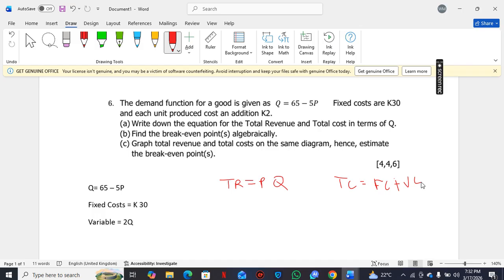For total revenue, we need to get the price, P. Q will just stay as Q. Your P, which is the price, you're going to get from the demand function. Then Q, you just leave it as it is. This Q in total revenue, please do not make a mistake and substitute it for this one here.